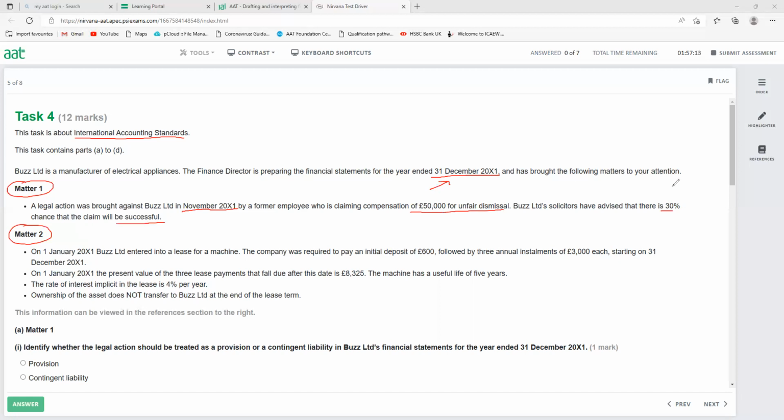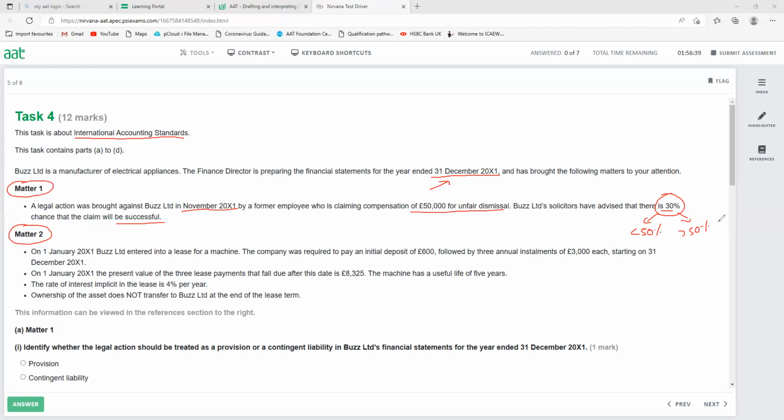Now, remember, this percentage is very, very important here, because based on this percentage, we have to decide the next step. That means we need to look at whether the chance is less than 50% or more than 50%. What is the chance that this claim will be successful?